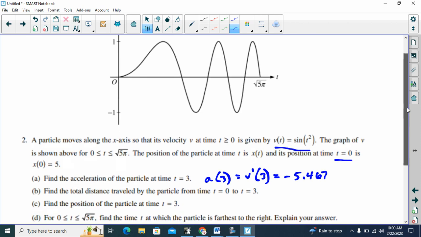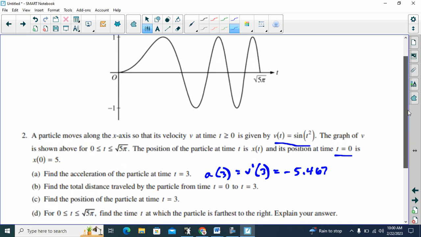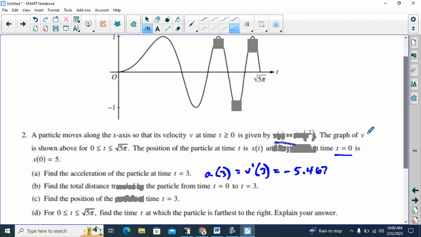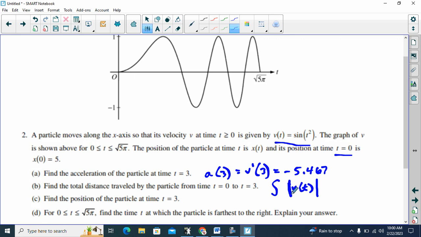Part B asks us to find the total distance traveled from time 0 to time 3. Total distance traveled is the integral of the absolute value of v of t dt, starting at time 0 and ending at time 3.